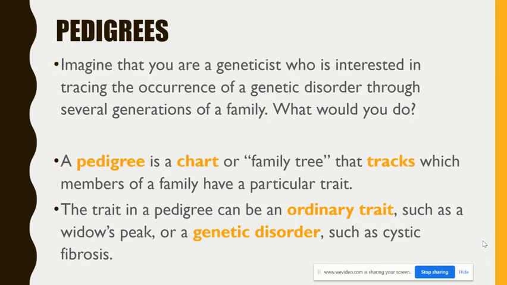So the trait in a pedigree can only be an ordinary trait, like a widow's peak, or a genetic disorder such as cystic fibrosis. And it also isn't necessarily a definite answer because sometimes traits still have multiple genes that control them. So you can only really look at those ones that have maybe multiple alleles or just one specific allele that you know goes for it.